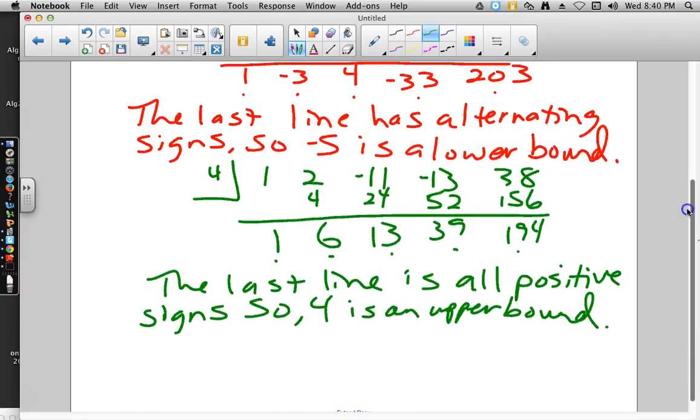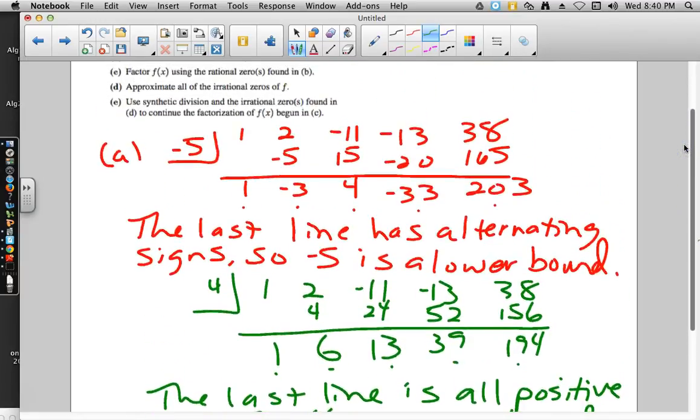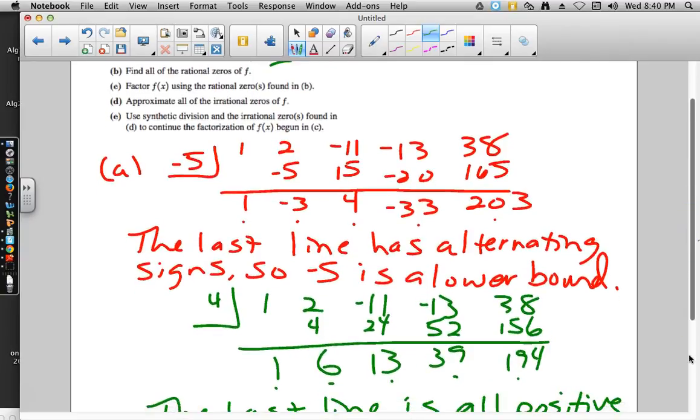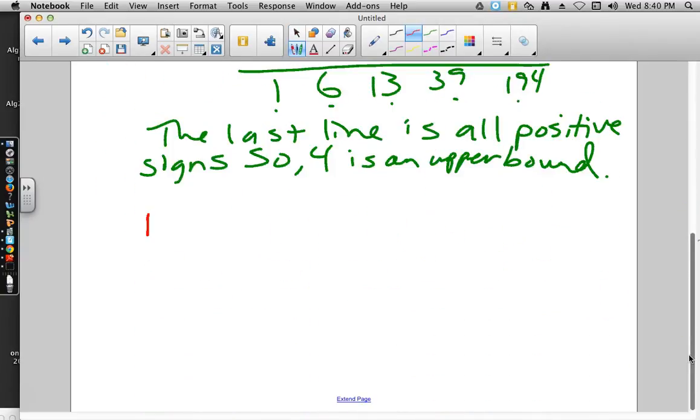All right, now, next part to this for B is to find all of the rational zeros of f. So what we would do is we would go ahead and start by making that list of possibles. And that's going to be all the factors of 38, plus or minus 1, plus or minus 2. You keep working on it, and you see the only other thing that's going to happen there is 2 times 19 gives you 38.